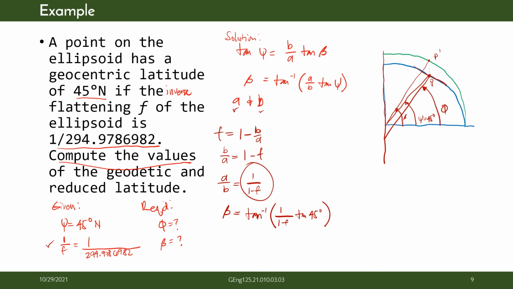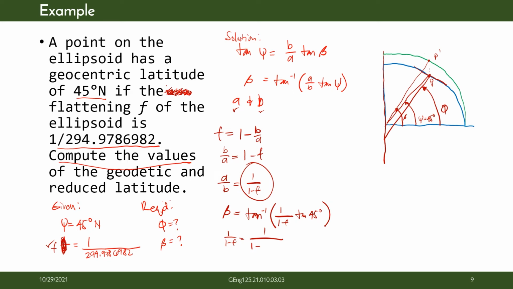So 1 over 1 minus f is equal to 1 over 1 minus, so if we transpose this one, okay, also correction, this is not the inverse flattening, but it's the flattening. Okay, this is f.